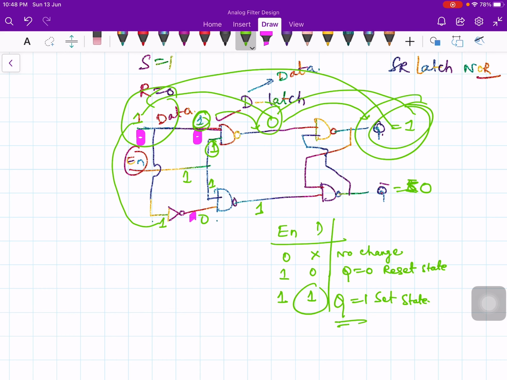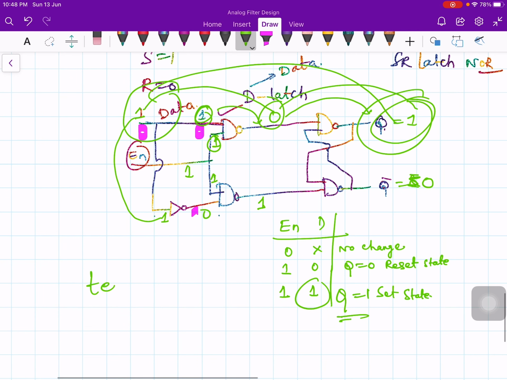Okay, therefore it is suited for temporary storage for binary information between a unit and its environment.